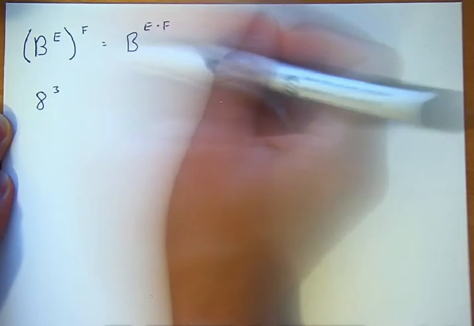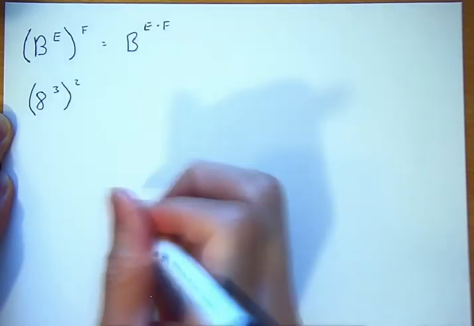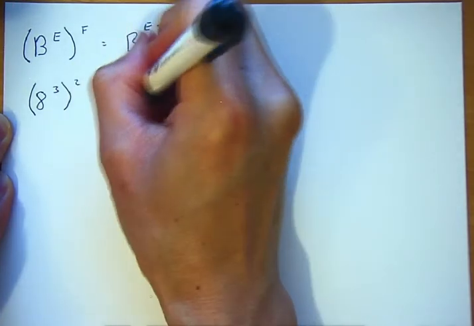Example of this, let's say I have 8 to the 3rd power, and I square that whole thing. This will equal 8 to the 3 times 2.